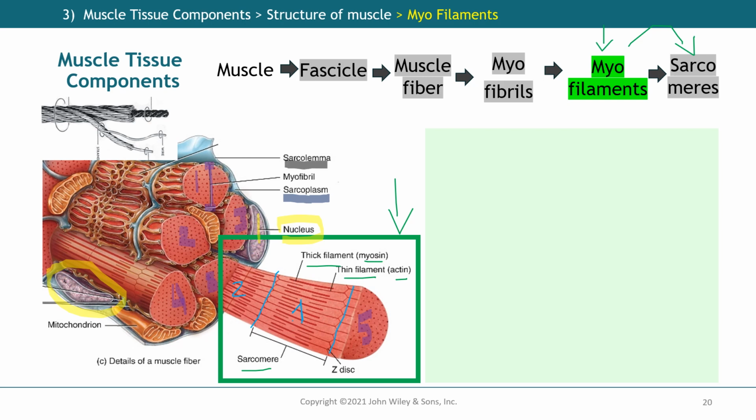The sarcolemma is surrounded by the basement membrane and of course the endomysial connective tissue. And this sarcolemma is an excitable membrane, sharing many properties with neural cell membranes.